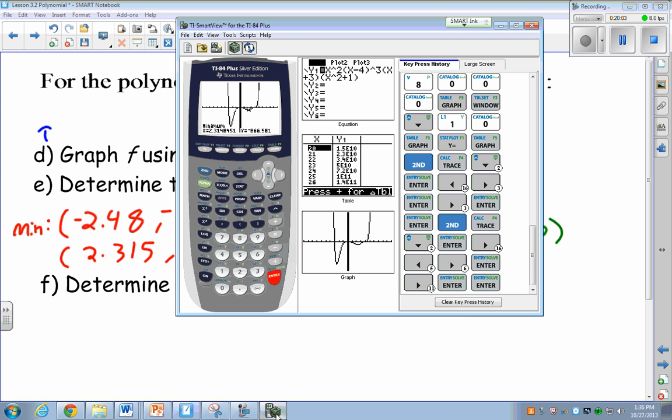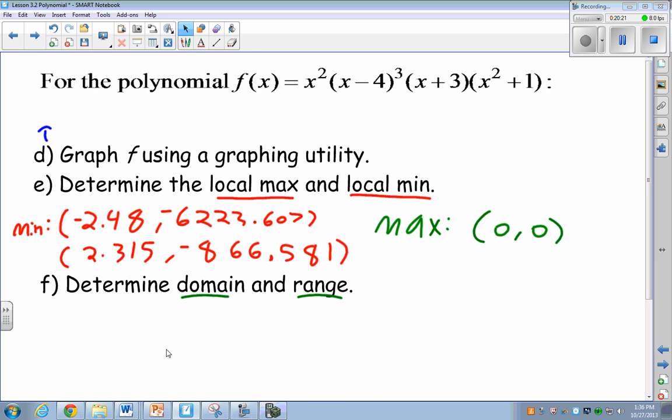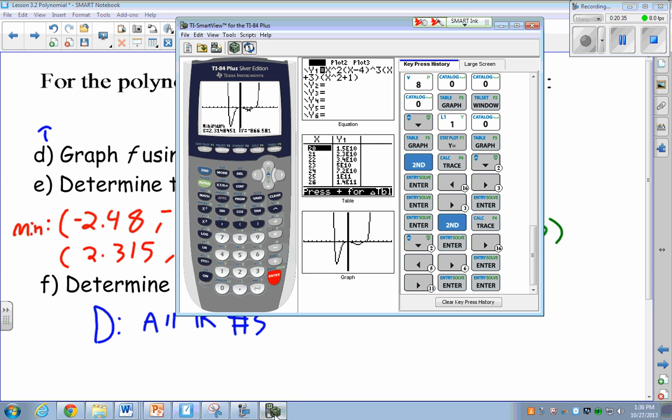Now if we look at our graphing calculator, our domain is what x can legally be, and this goes from negative infinity to infinity for all of our x values. So our domain is all reals. Our range is a little limited because the lowest point is going to be our min here, but it can be anything greater than that.